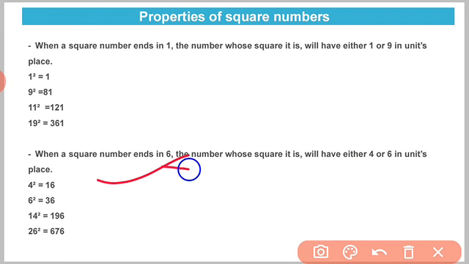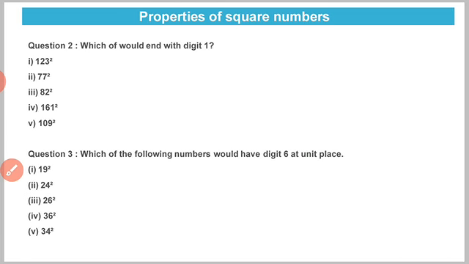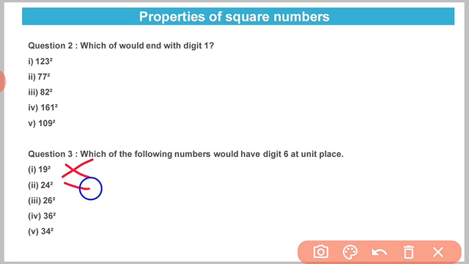If a square number is ending with 6, then it is a square of that number which will end with 4 or 6. So square of 19 will not have 6 at units place. Square of 24, yes, it will end with digit 6.